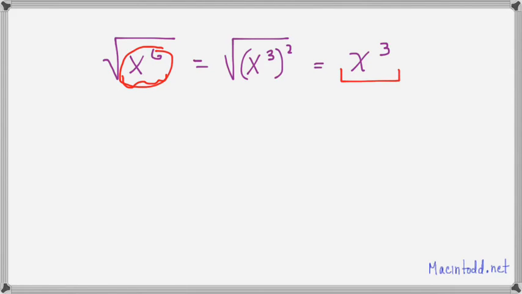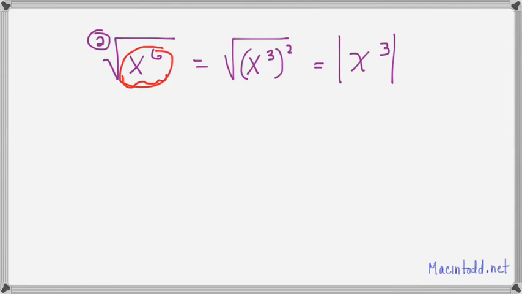However, there is no guarantee that x cubed, my final answer, is a positive number. If x was -1 and I cube it, I get -1. But I have to get a positive answer. So I force my answer to be positive by putting it in absolute values. Okay? Now, the only time that you really have to worry about this is when you're taking even roots. And in this case, all of these roots are even.